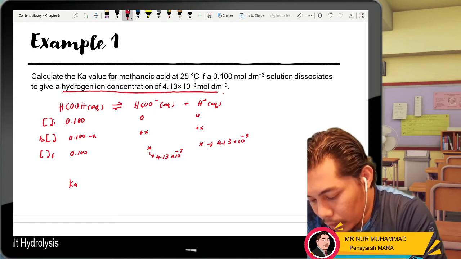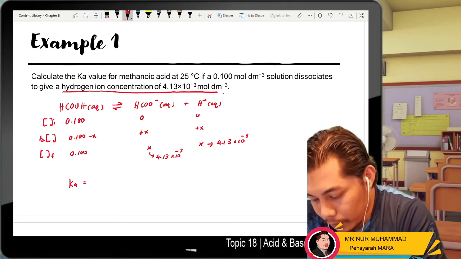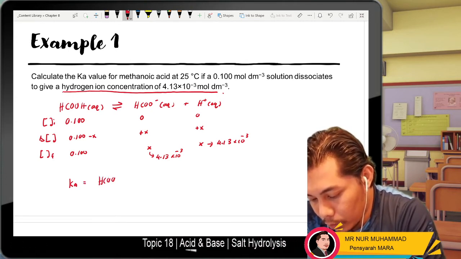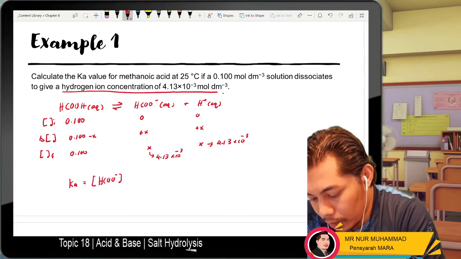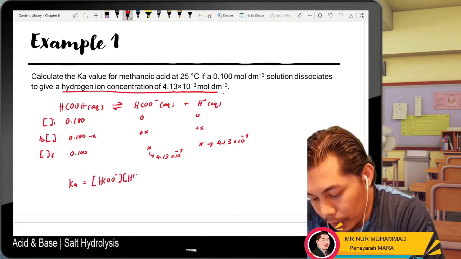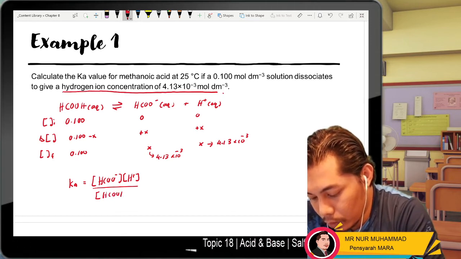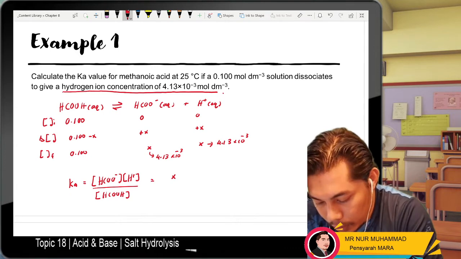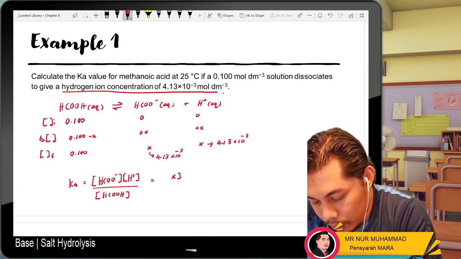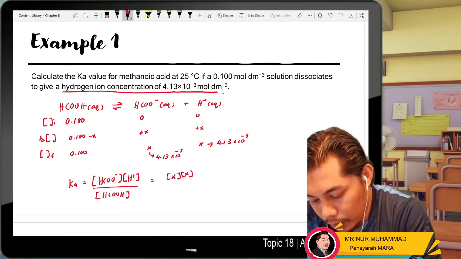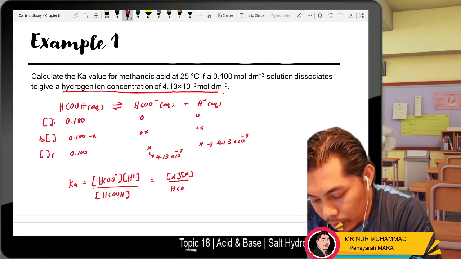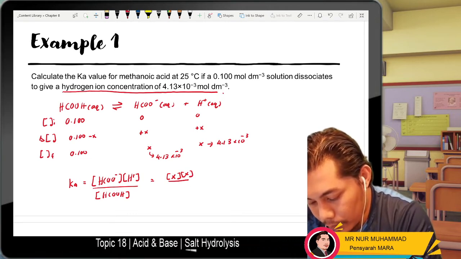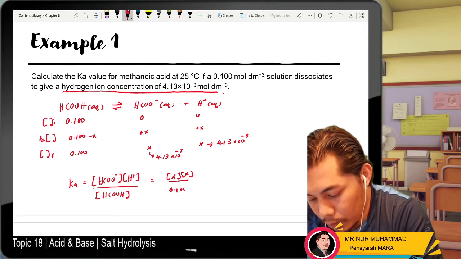So Ka is equal to the concentration of HCOO minus times H plus, divided by the concentration of HCOOH, equal to x times x over 0.100.